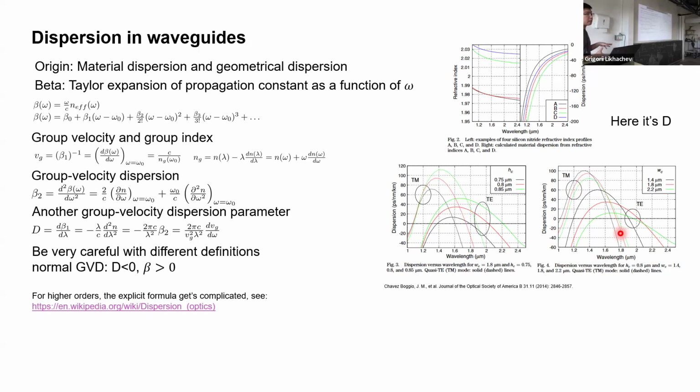Since the core's refractive index is higher than the outer side, with a shorter wavelength your light is more confined and your effective index is also higher, because your mode feels more of the waveguide core instead of the cladding. This gives us additional geometrical dispersion.